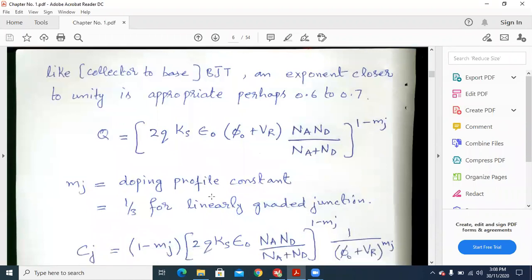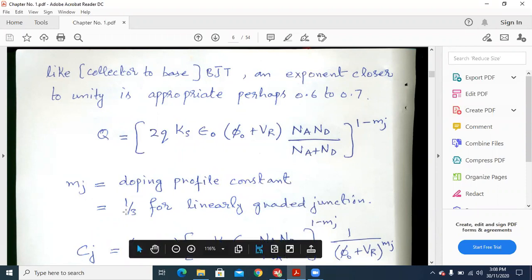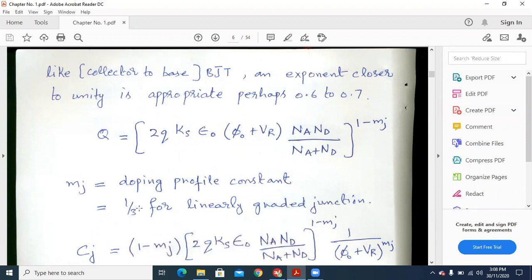We have the value of Mj equal to 1.3 for a linearly graded junction, and this is called the doping profile constant.